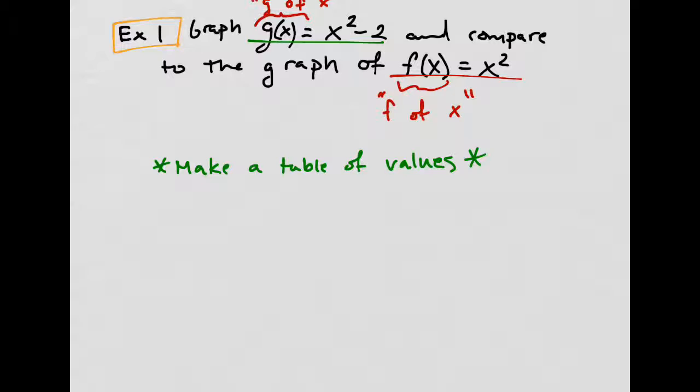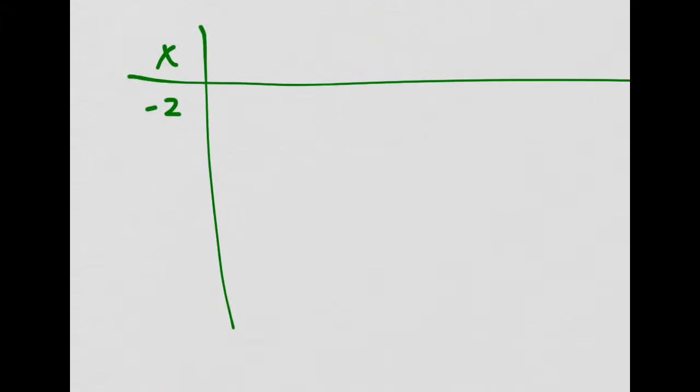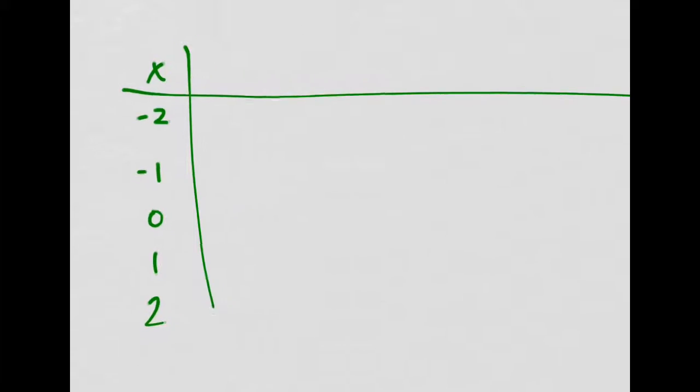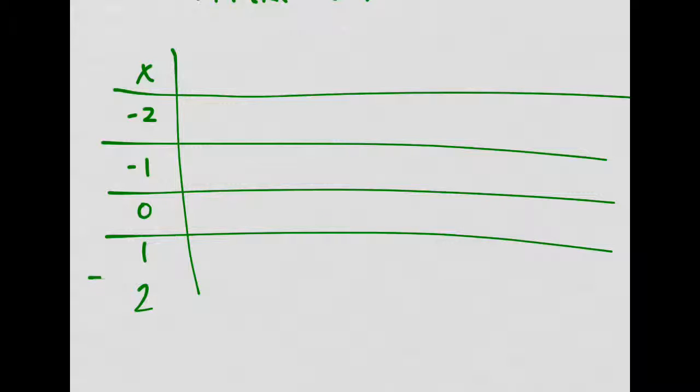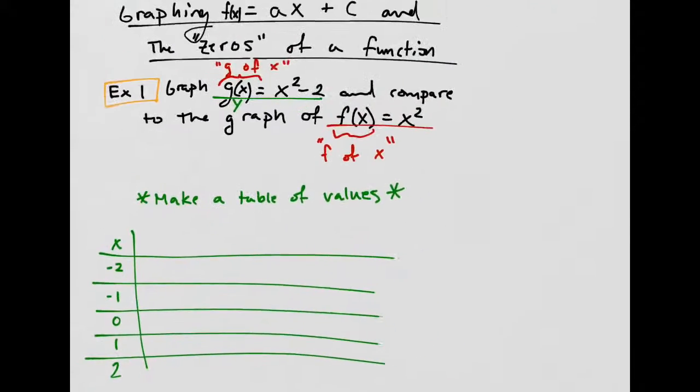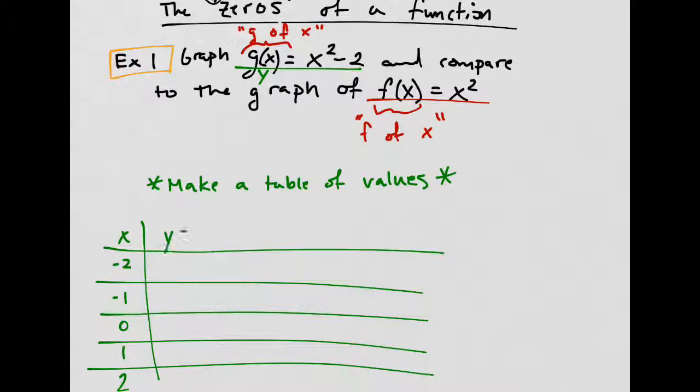We're going to have, remember, this is the same thing as y. So we have our x values, and that'll be negative 2, negative 1, 0, 1, 2. Later on those will be different. And then I plug in stuff. So here we go. y equals, same thing as g of x, y equals x squared minus 2.